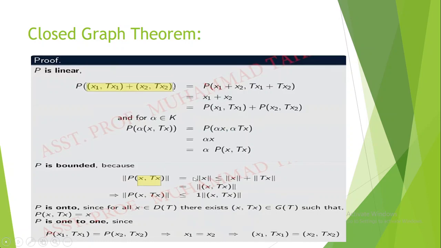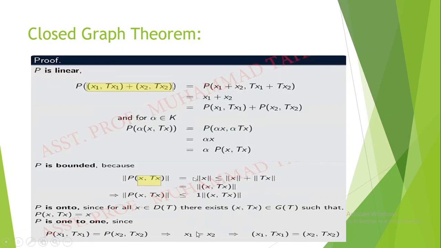Now P is onto, since for all x belonging to D of T there exists an ordered pair belonging to the graph of the operator such that we have this one. P is one-one. How? We take two points, P of (x1, Tx1) and P of (x2, Tx2).